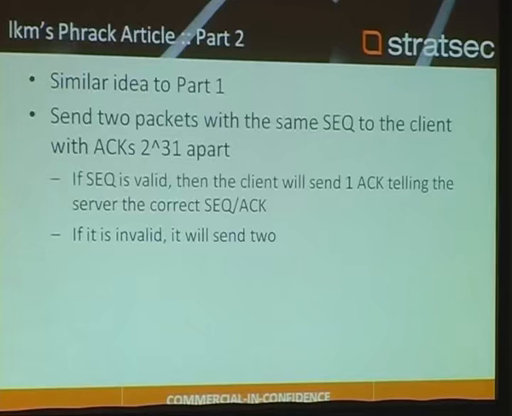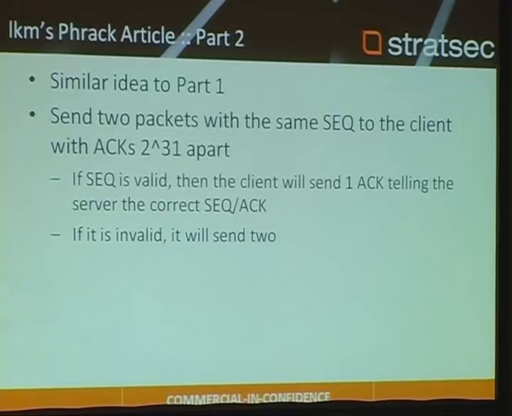So we use a very similar idea to part 1. We send ACK packets, which are meant to be dropped if they're valid, to the client this time instead of the server. We don't have this nasty reflection to deal with. If the sequence number is valid, then since we sent two packets with the ACKs 2 to the 31 apart, one of those packets will be correct, one will be incorrect.